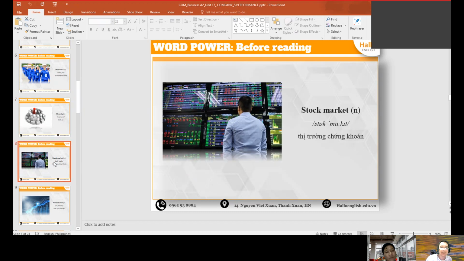Okay, next we have also stock market. When we are talking about stock market, what do you think that would be? It is a market that uses technology. You can buy, you can exchange.